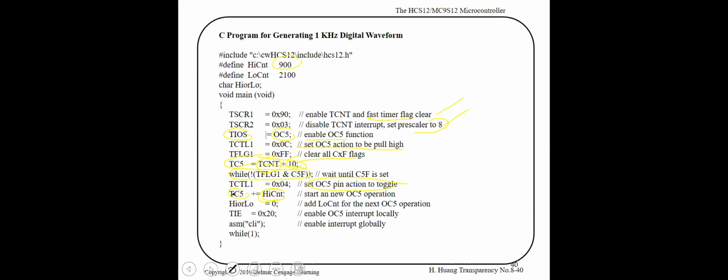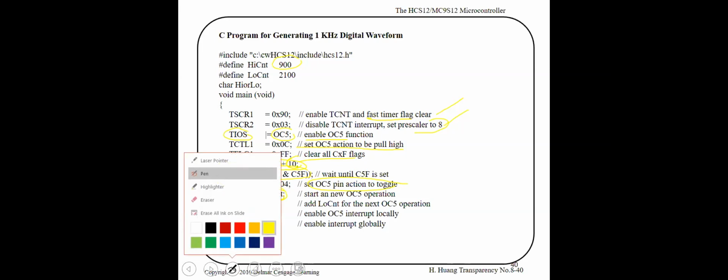At this moment, TC5 is basically almost the same time as the timer plus 10. So we add the high count to TC5, which is effectively the TCNT plus 10. Or we can do the same, actually: we write TC5 equals TCNT, which is the current time after executing these instructions, plus this constant.